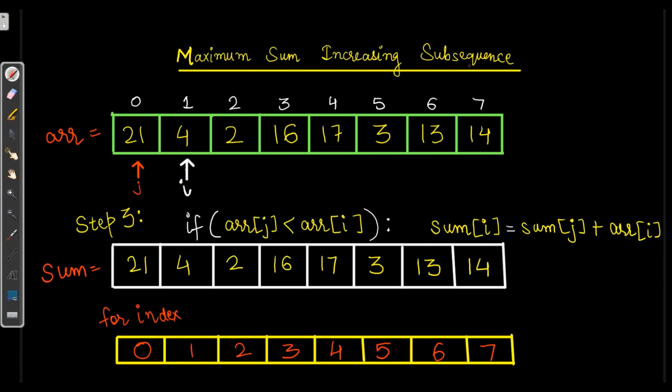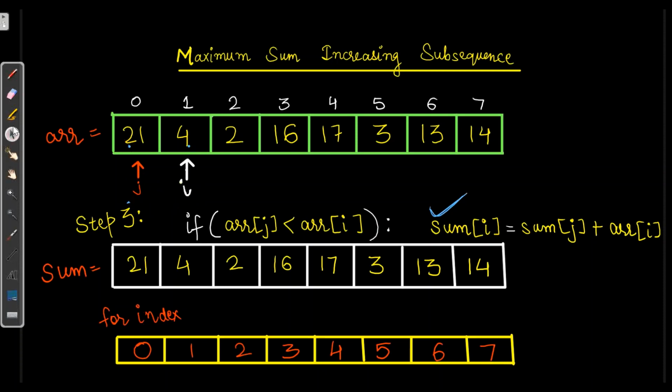Now the first thing, I'll compare the value of i with j, and I need to make sure that if the value of i is greater than j, then I perform a certain operation. So first I'll compare whether 4 is greater than 21.